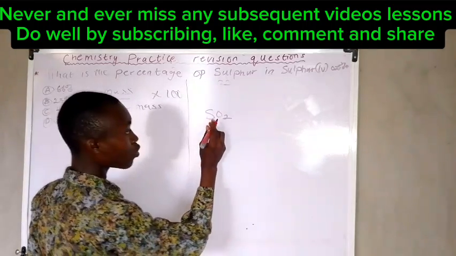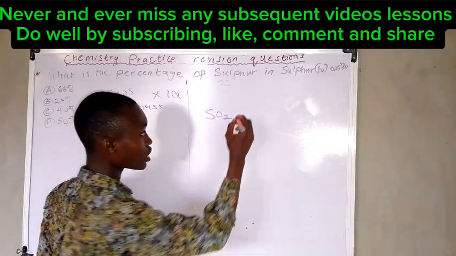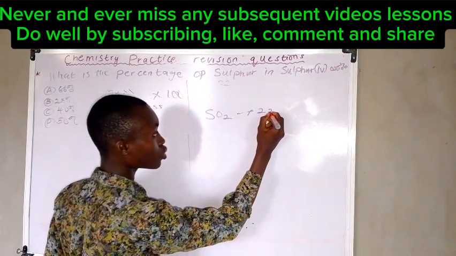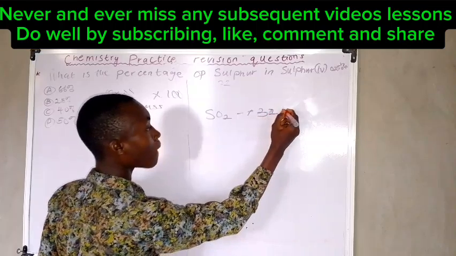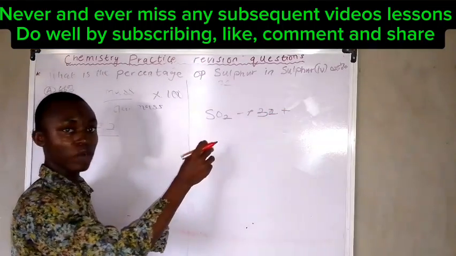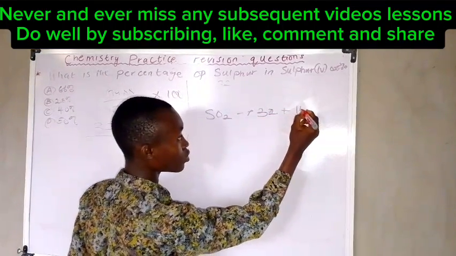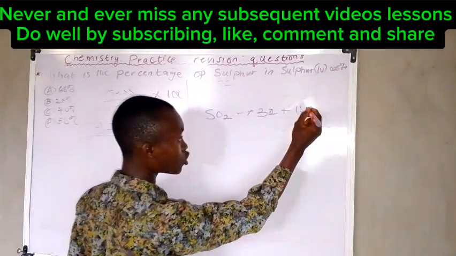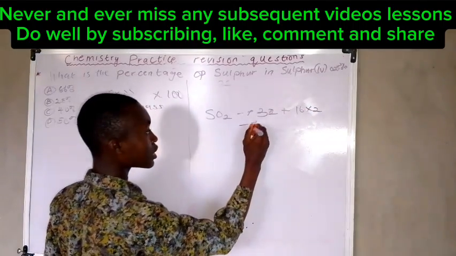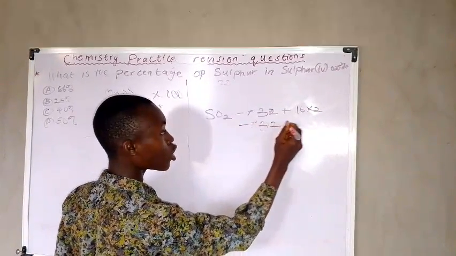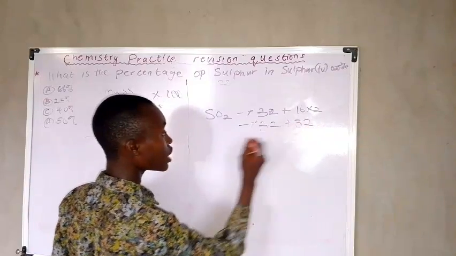Now what is the molar mass of SO2? It's going to give 32 plus, what is the mass number of oxygen? Oxygen has a mass number of 16 times 2. It's going to give 32 plus 32.